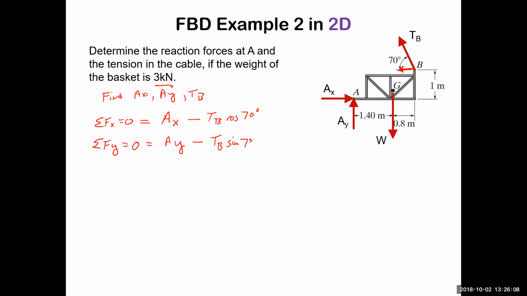I like a lot of that, but there's one thing I would change. Yeah, it's going up, right? Plus. And there's another Y force. Minus W. Yep. Which we could just list as W for now, and we'll change that to 3 kilonewtons in a second.